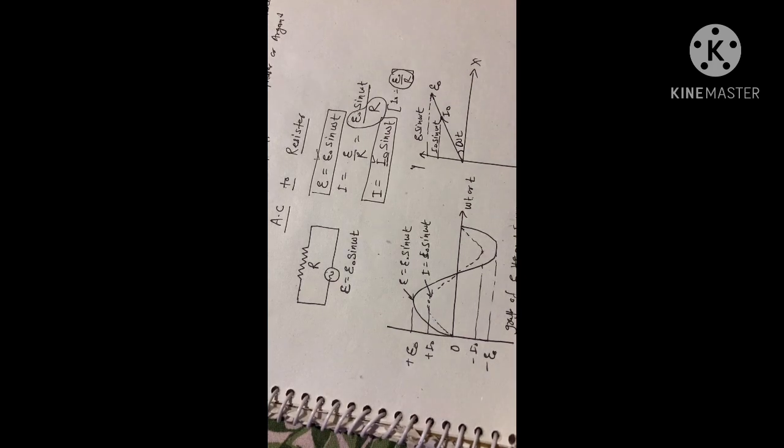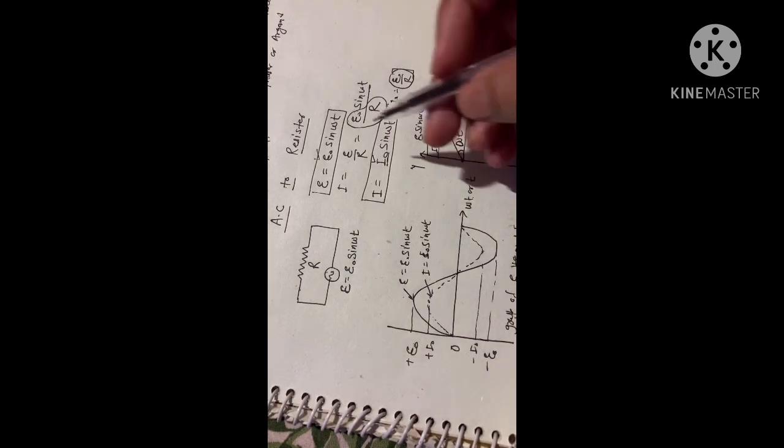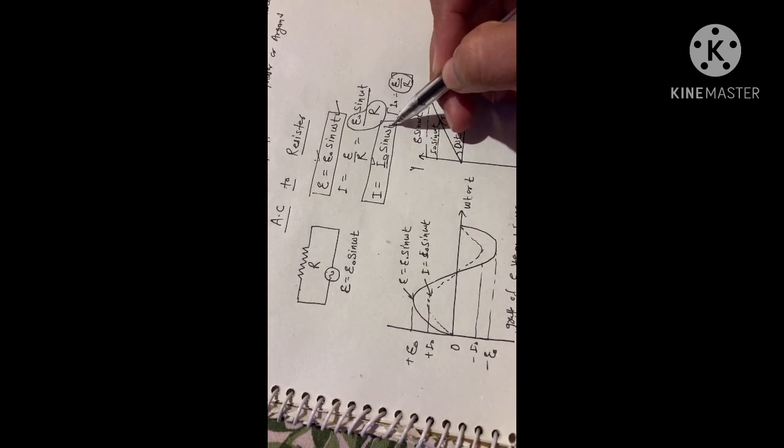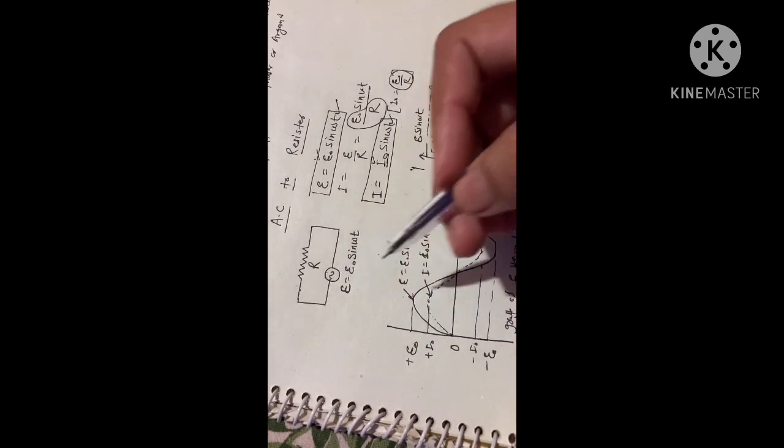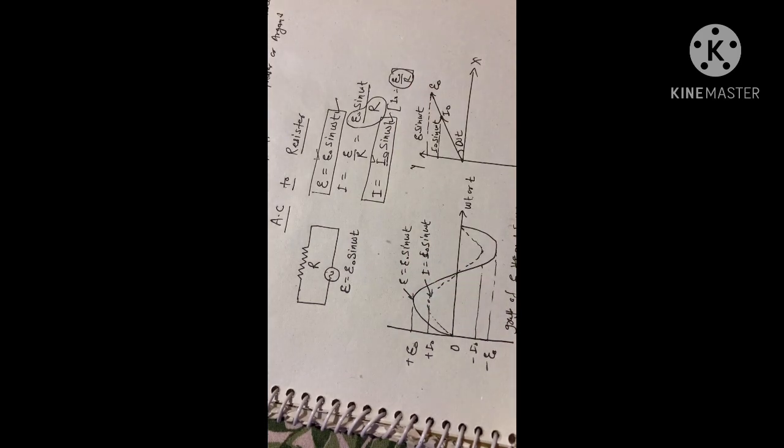Since both are in the same phase, you can look at the equation: omega t here, and omega t there. There is no phase difference in the case of a resistor. When you switch on this circuit, current and voltage vary in the same phase. So this is your phasor diagram for current and voltage in the case of AC through a resistor. This is how you have to draw it.